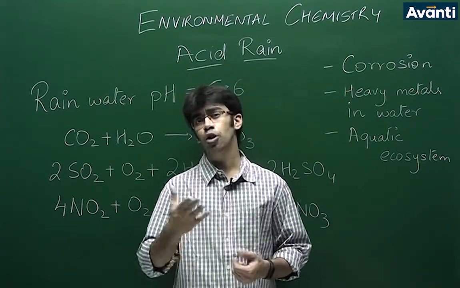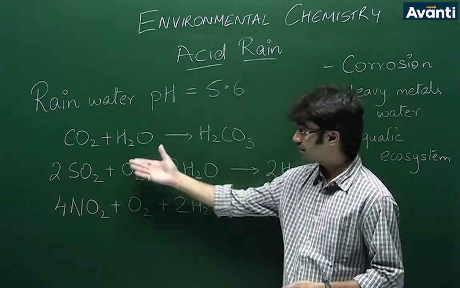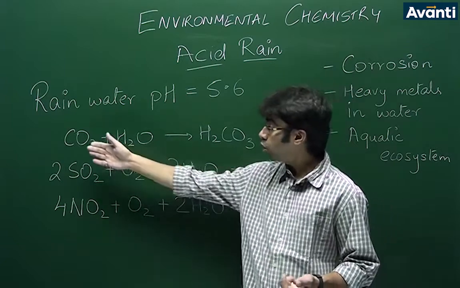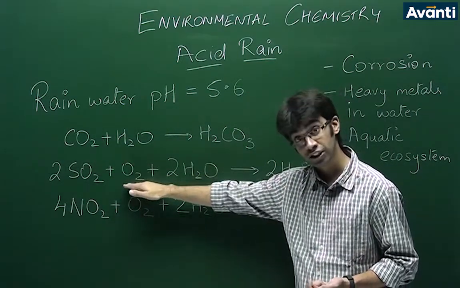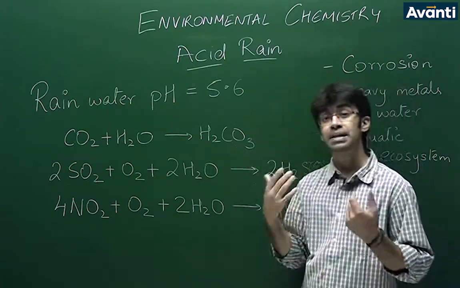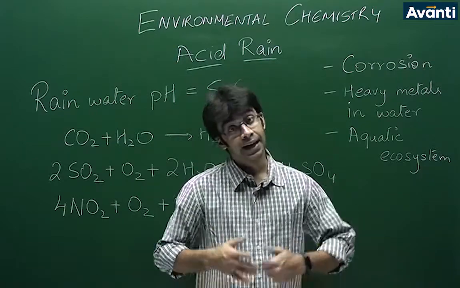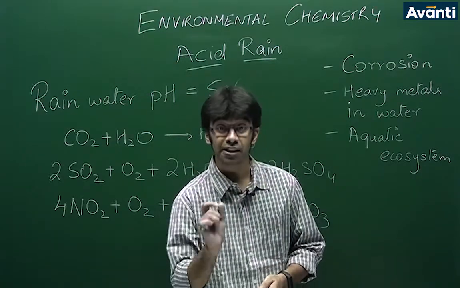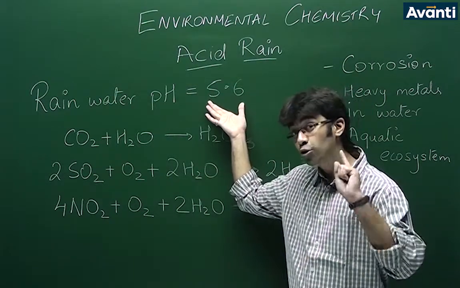Now, what happens when there are a lot of acidic oxides in the atmosphere? When it rains, there is H2O, which is water. All of these acidic oxides interact with water, and in some cases with oxygen as well, to give you acids. When all of these acids are present in rain, obviously rain is going to be acidic in nature. An interesting fact is that the pH of normal rainwater is 5.6 and not 7.